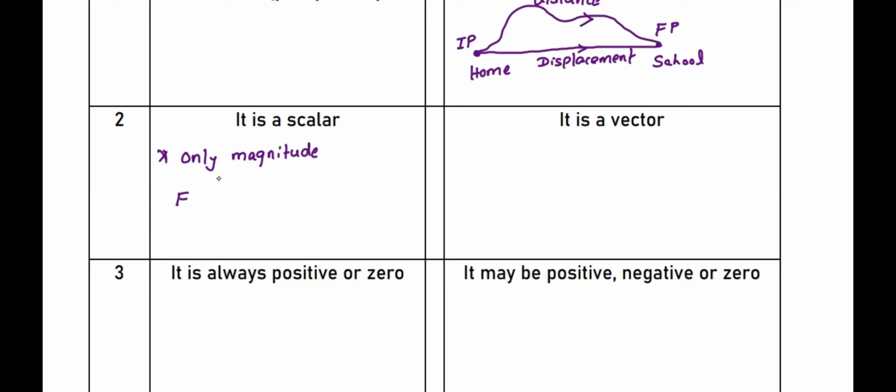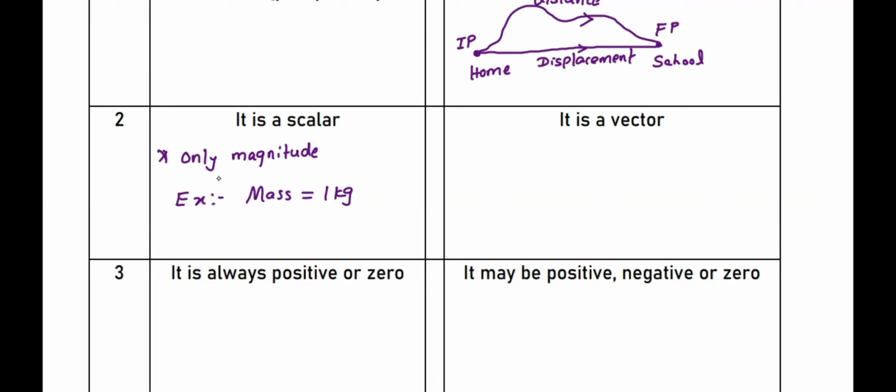For example, the mass of a body is, say, 1 kilogram. So this 1 is the magnitude, and here there is no importance of the direction. If we measure the same 1 kilogram body in any direction, its mass will remain the same. It does not depend upon any direction.